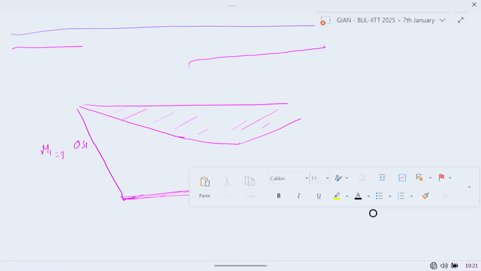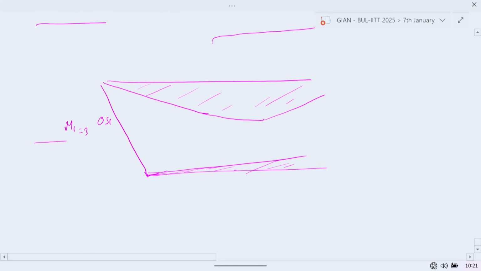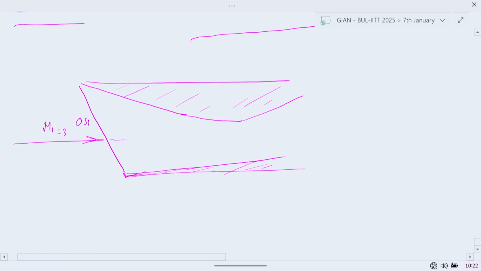The flow that encounters the oblique shock will turn exactly by the angle of this compression ramp, which is given as 15 degrees.